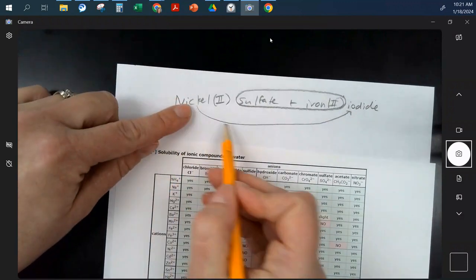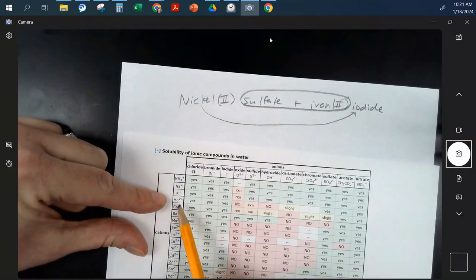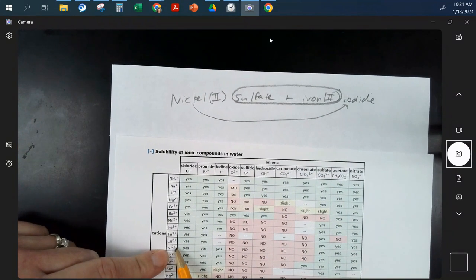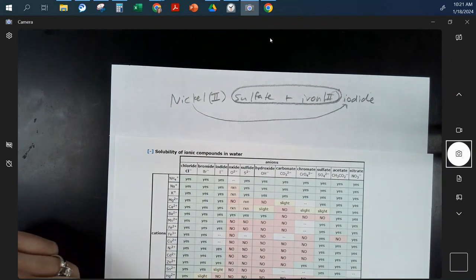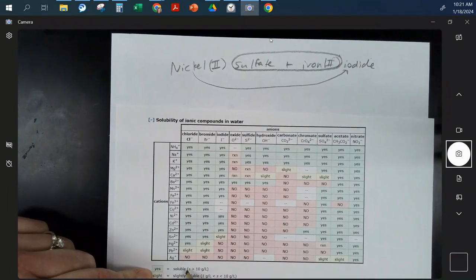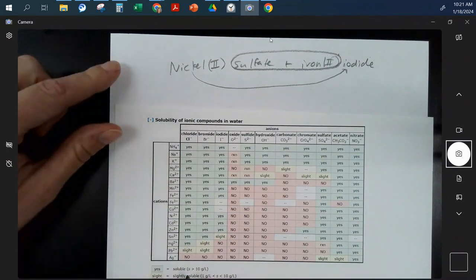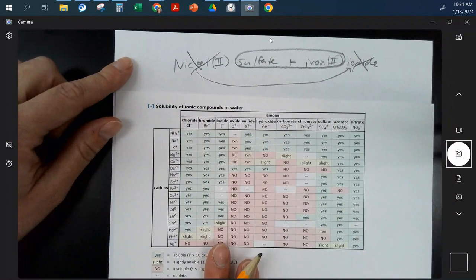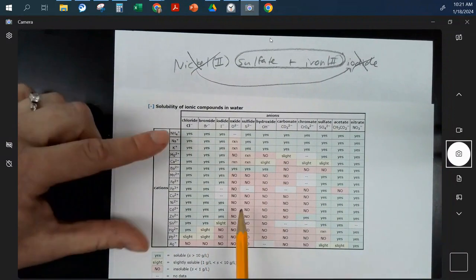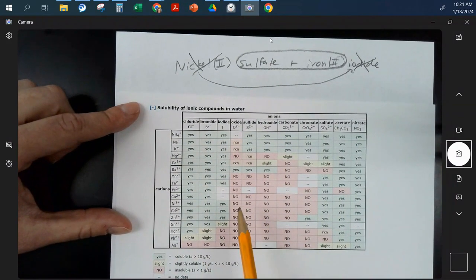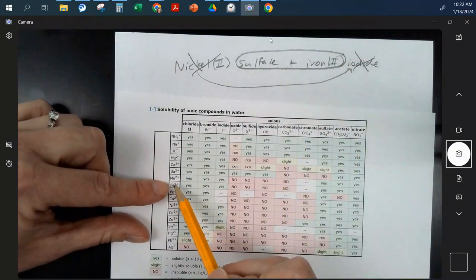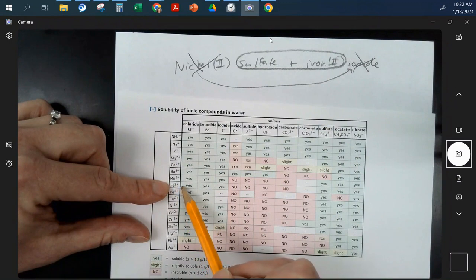So let's check nickel 2 and iodide. I'll go to nickel 2, that's what this one is, and then iodide. Oh, okay. Yes means soluble. That's soluble. So that means it's not going to be a precipitate. So we're looking for something that's red. Okay. So iron 2, and we're looking for sulfate.